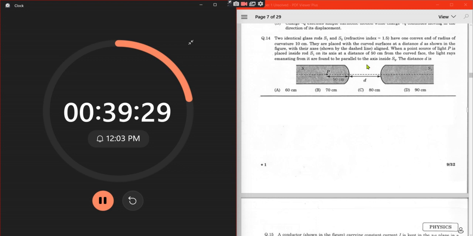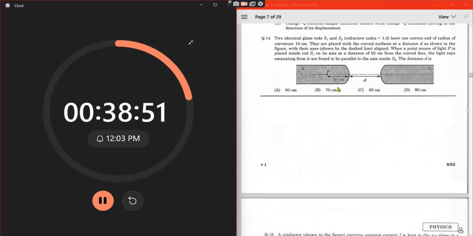So from here it is 50. And here the image is at infinity, so mu2 upon v, which goes to 0, minus mu1 upon u is equal to mu2 minus mu1 which is 1 upon 2 upon R, with R 10 centimeter positive in this case, 1 upon 20. That means u is equal to negative 20 centimeter, so this should be 20 centimeters, and that v is 50 centimeters, so combined it becomes 70 centimeters. So d is the answer.